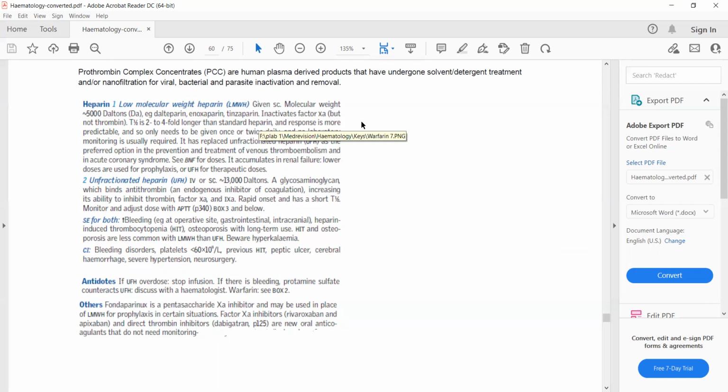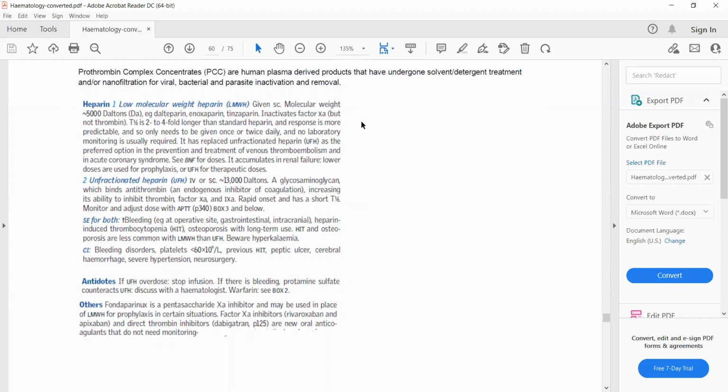They inactivate factor 10A. They form a complex with antithrombin 3, and this complex inactivates factor 10A. The mechanism of low molecular weight heparin and unfractionated heparin is the same.